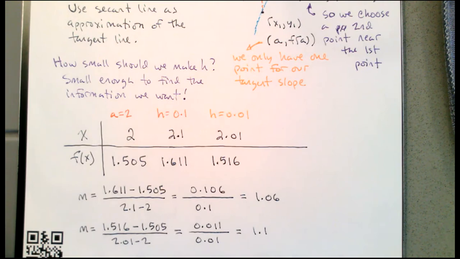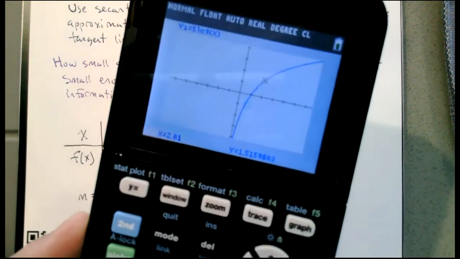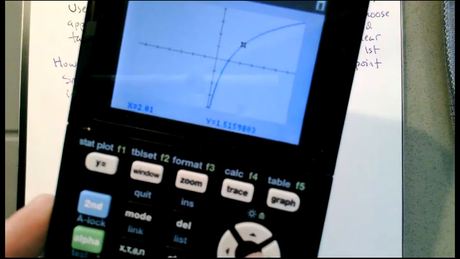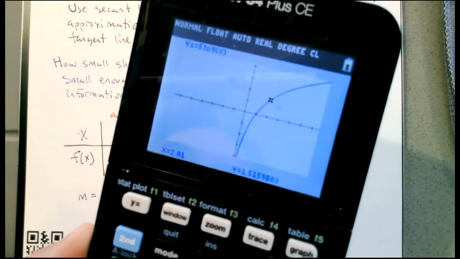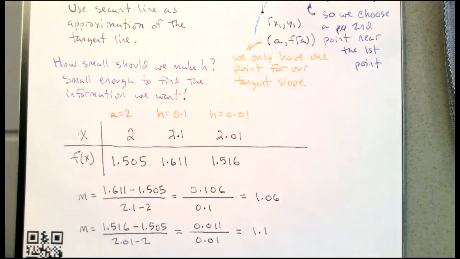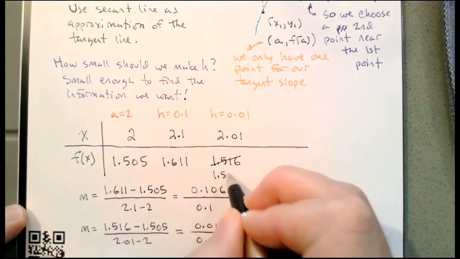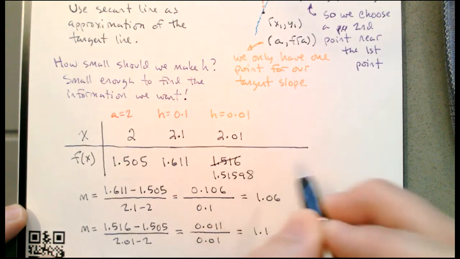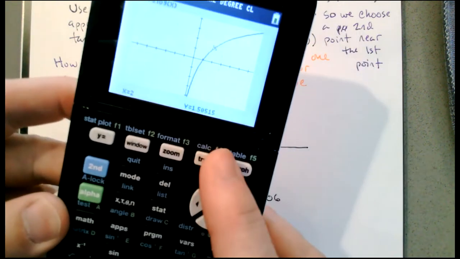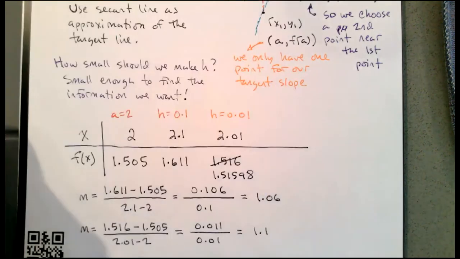So let's just go back and redo the problem. Instead of calling it 1.516, I'll use more places: 1.51598. I'm going to go crazy with the decimal places. To reevaluate our function at 2, 1.50515.